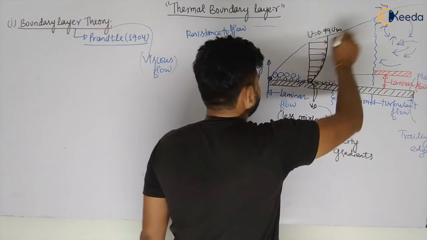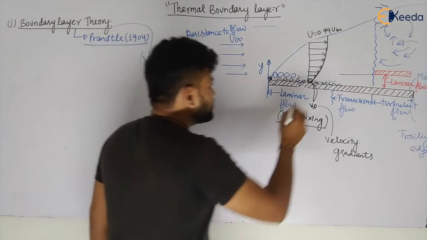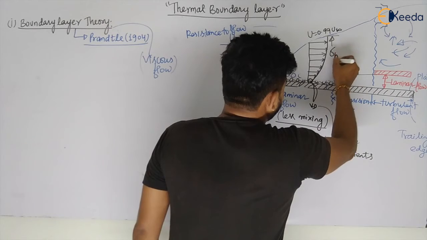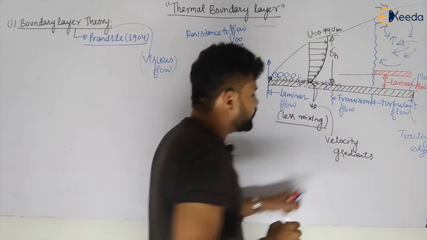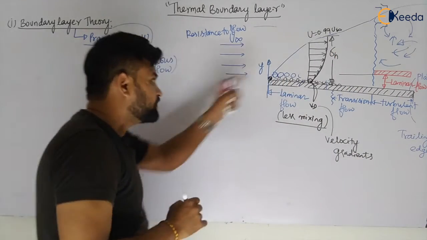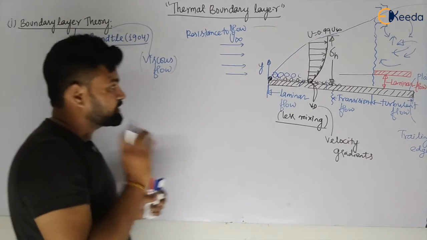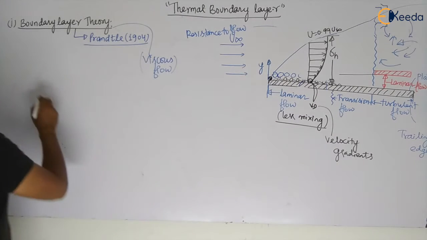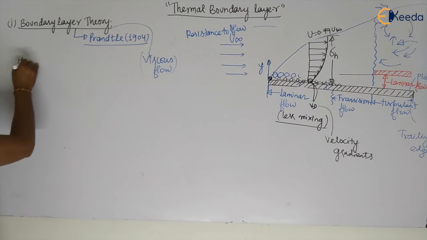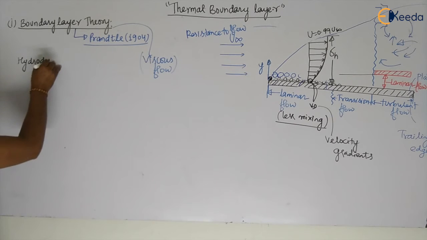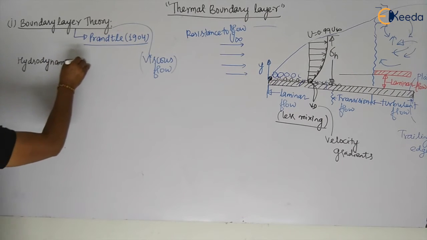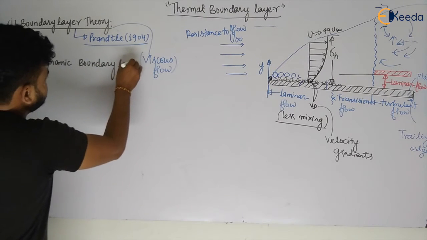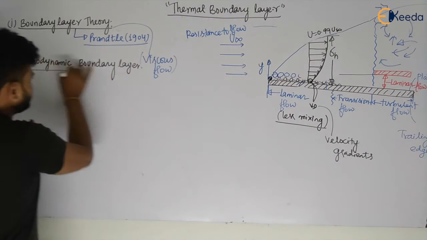This thickness where velocity gradients exist is called the hydrodynamic boundary layer thickness, or simply the hydrodynamic boundary layer.